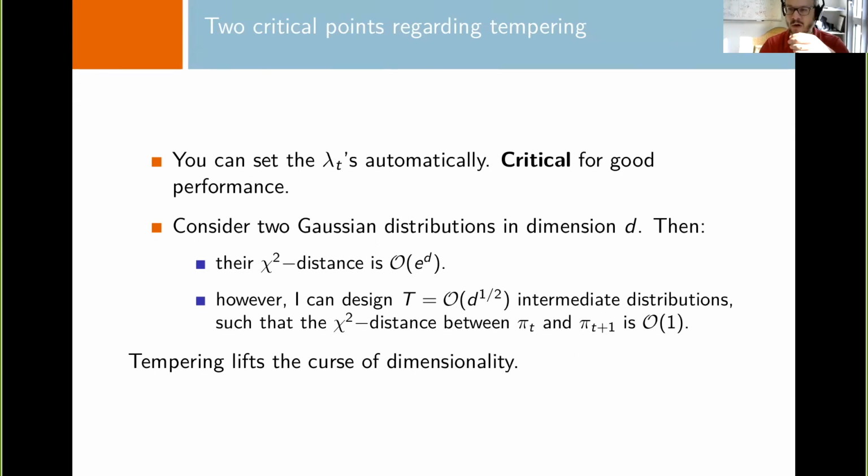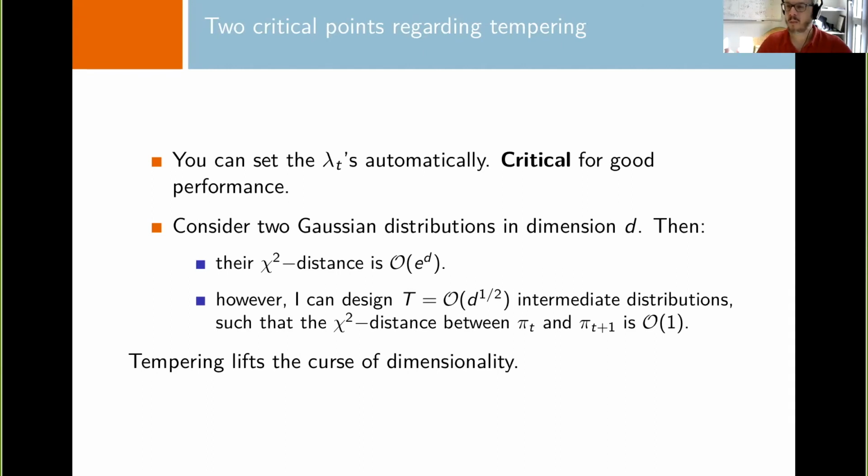This is well known, and basically one way to formalize this curse of dimensionality is to say that the chi-square distance between the two distributions is exponential in D. The chi-square distance is strongly related to importance sampling because essentially it's related to the variance of the weights. But in more practical terms, if you try to do importance sampling from A to B, most of the weights will be 0, and very few of them will be 1.